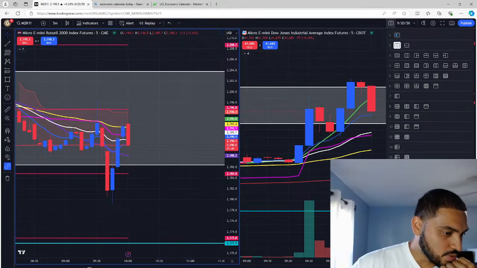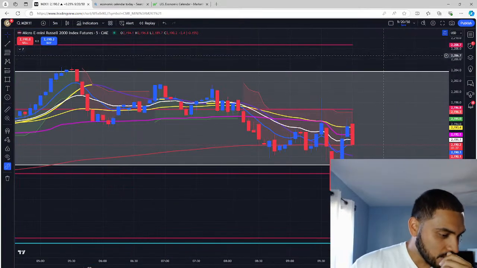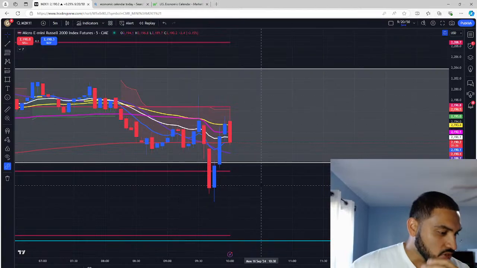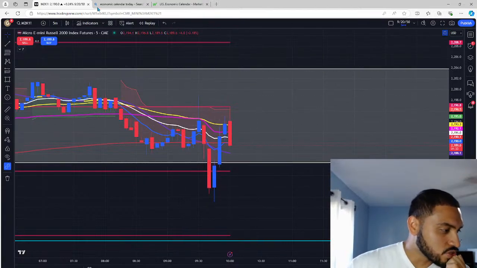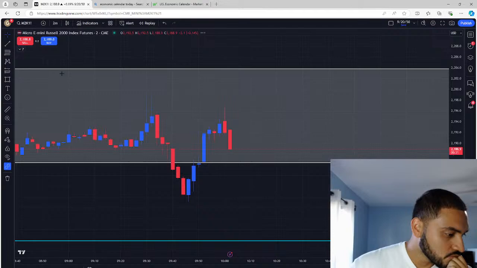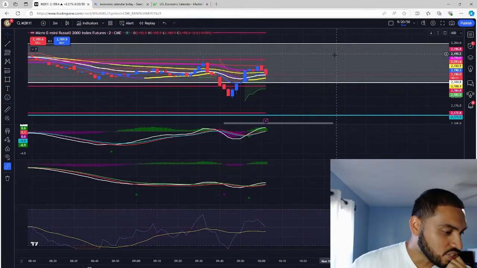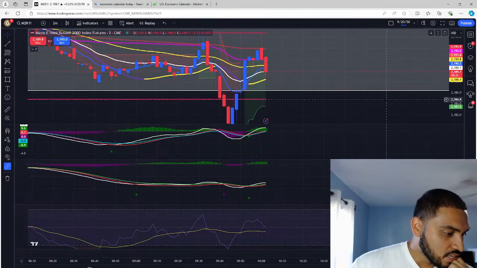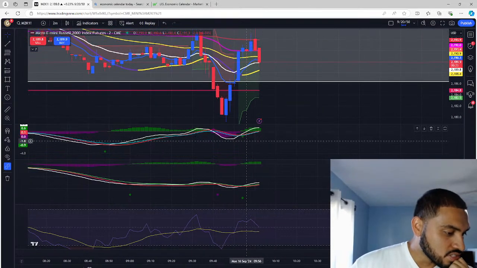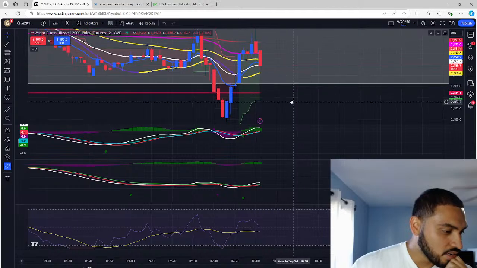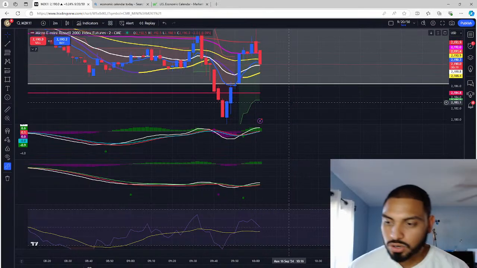All right, so let's disregard the Dow Jones. I already know that it's coming on down. So let's emphasize on the Russell. Let's go on the 2-minute right here and let's keep on watching it. Keep on watching the Russell. Still green, still green, still green. I need more red to go short.